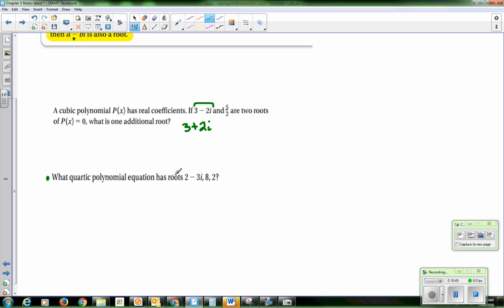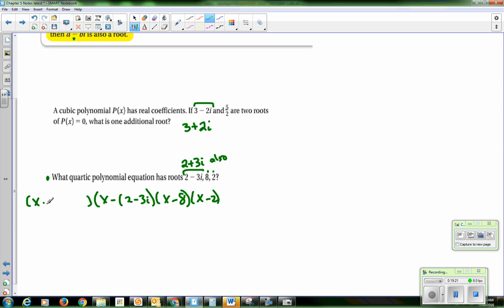What quartic polynomial equation has the roots 2 minus 3i, 8, and 2? So using the root theorem, we know that x minus (2 minus 3i) times x minus 8 times x minus 2. And because this is a complex root, 2 plus 3i is also a root, so we have to include that as well.